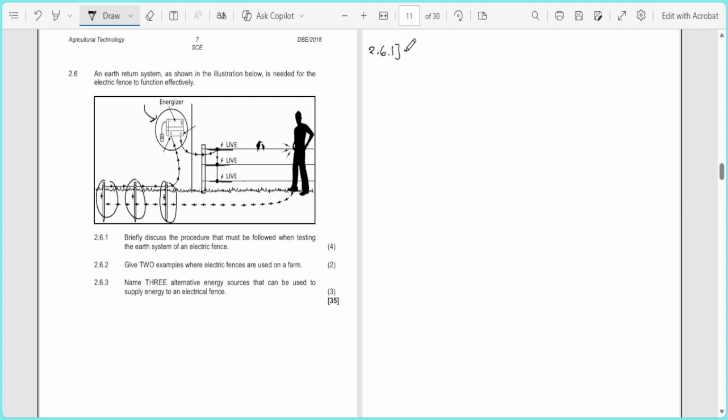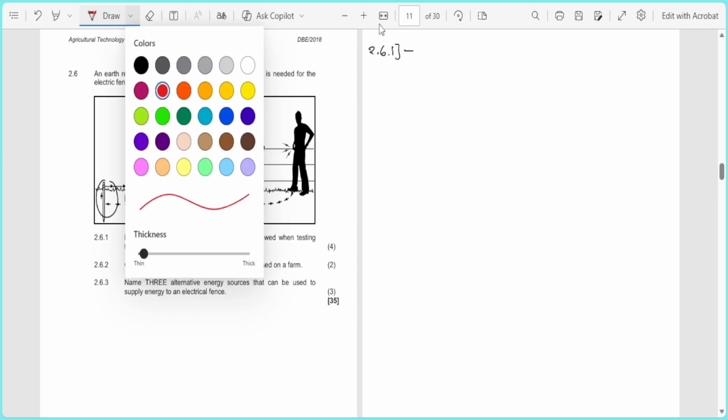2.6.1, discuss the procedure that must be followed when testing the earth system of an electric fence. Here's an important point.